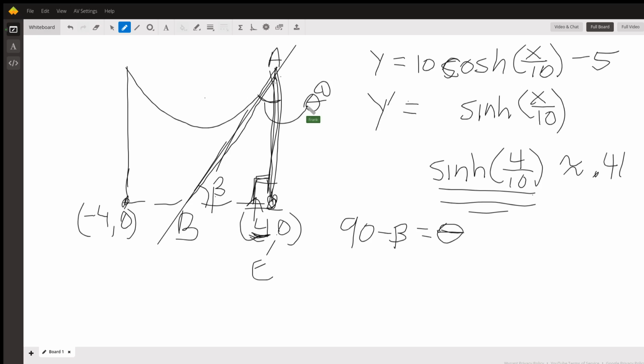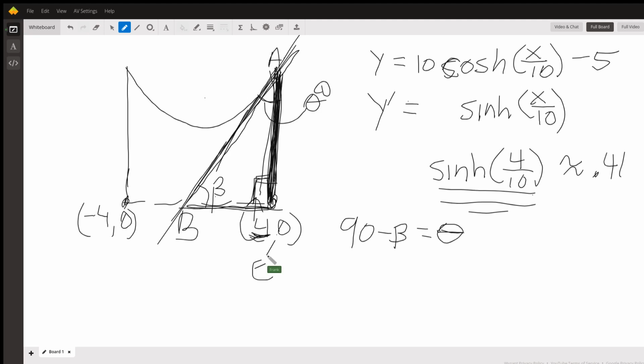Well, one thing I can do is just use trigonometric functions. The tangent of beta is equal to opposite, that's AC, over adjacent, which is BC. So that also happens to be the slope of this tangent line, the rise over run.